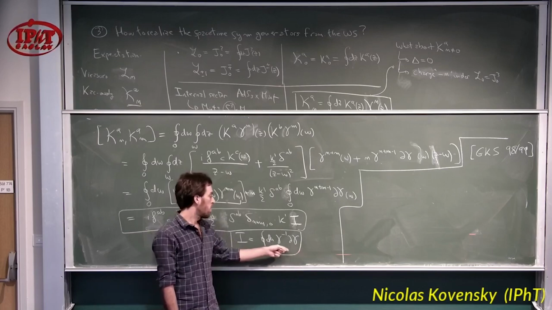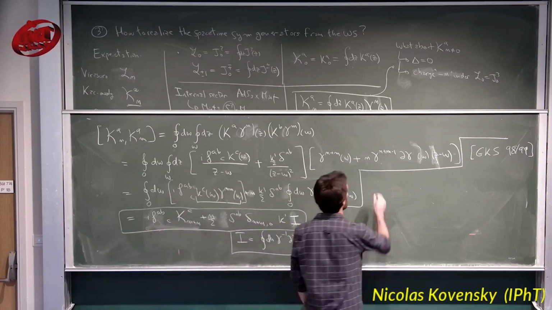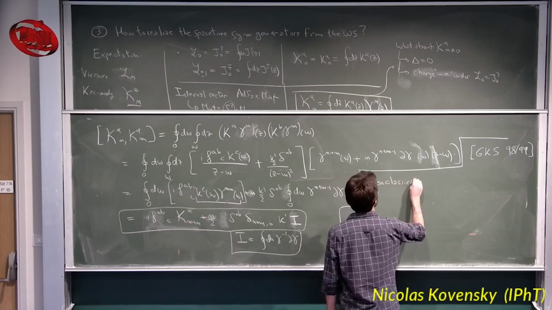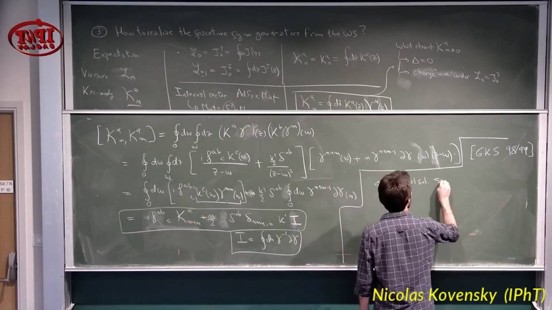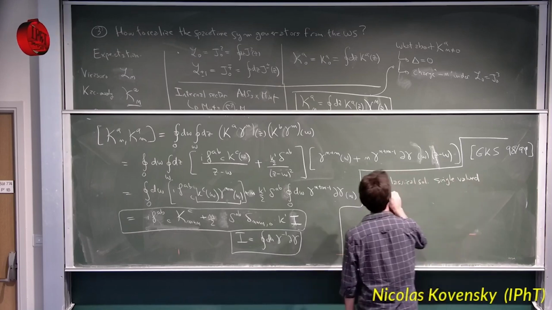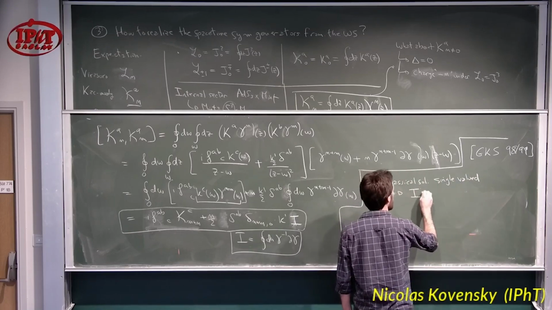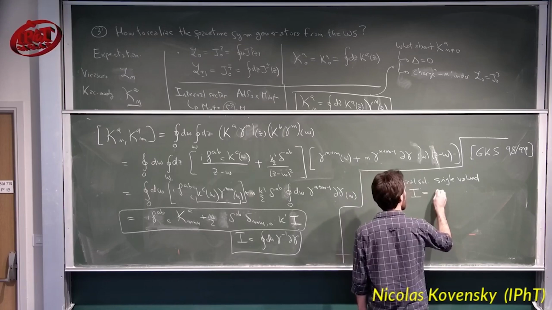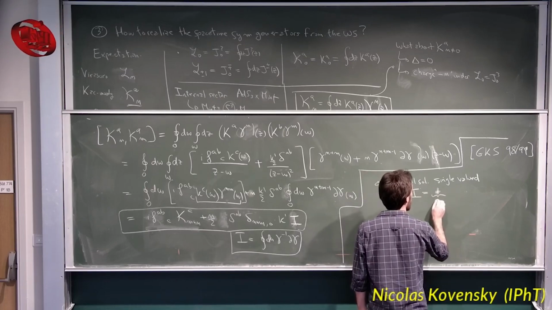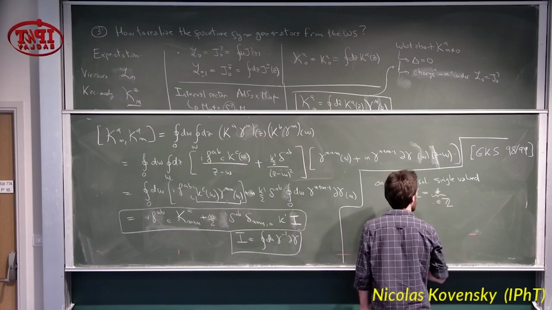So first of all, on a classical solution, which is single valued, I get the condition that I has to be some number here times, so this number has to be an integer.